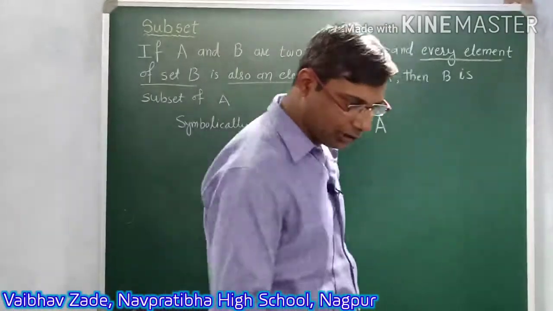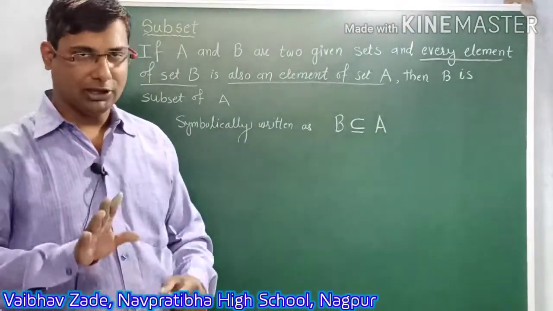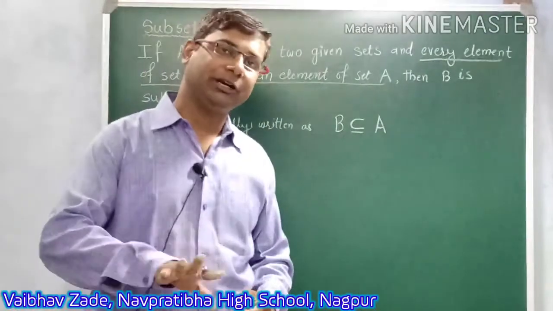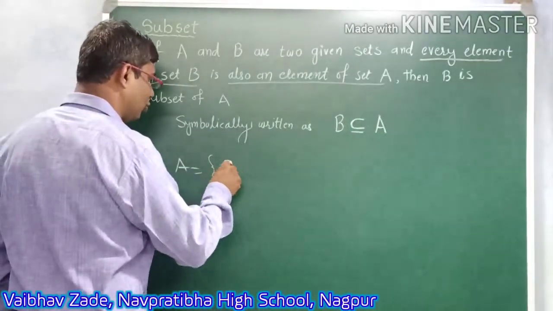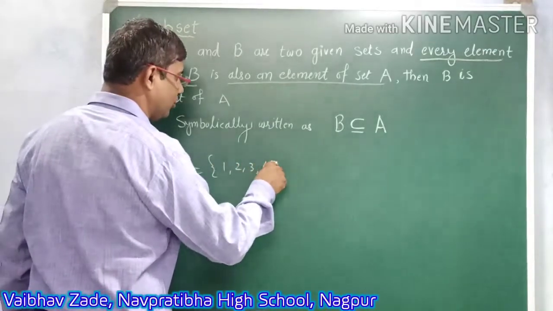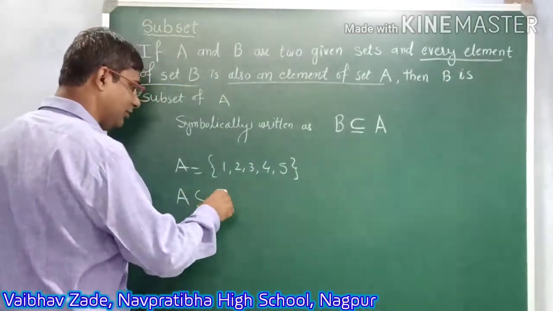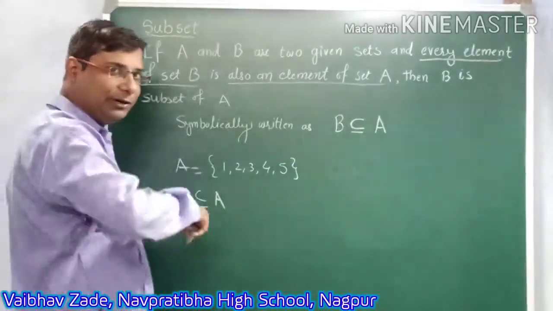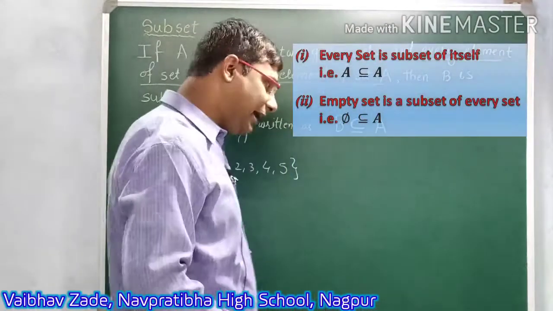Now there is some condition. Every set is a subset of itself. It means, just say A is 1, 2, 3, 4, 5. So A is a subset of A because A has all the elements of itself. Also the empty set.